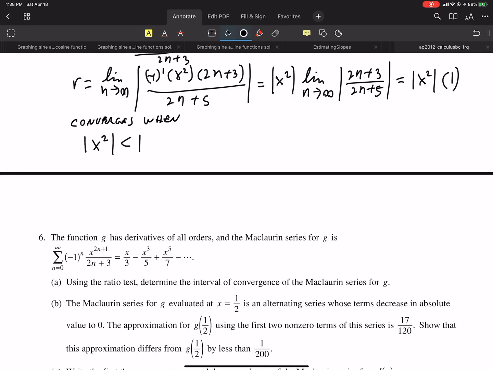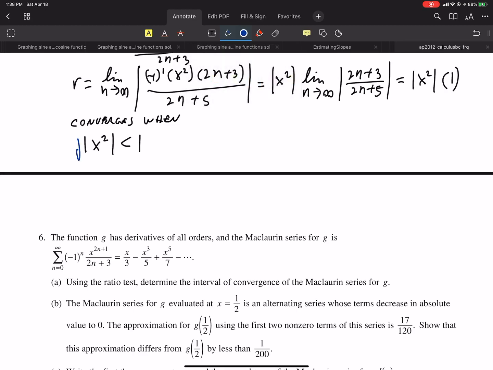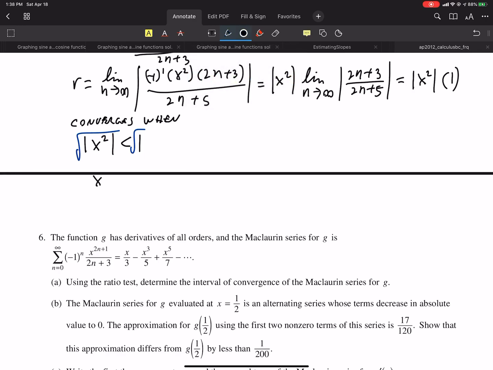Now when it equals 1, it's a different situation, so we'll have to deal with that separately. So I'm going to square root both sides, and that will leave us with absolute value of x is less than 1.